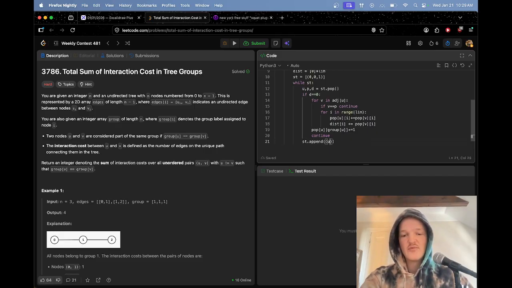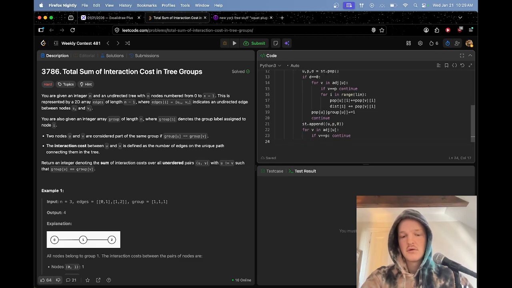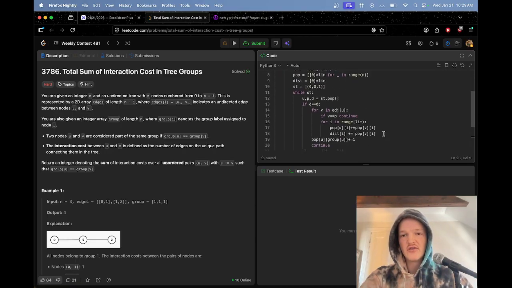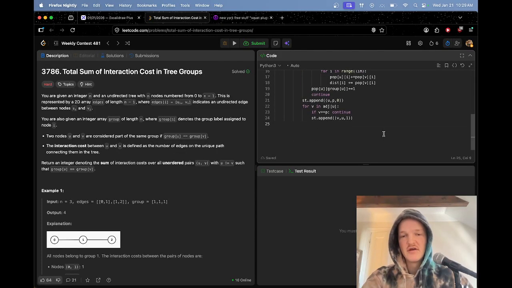Okay, we have to remember to go back up and then recurse to children. v, u, 1. Okay, and then I'm just going to do another DFS. I think that's fine. So stack.append, while stack. I'm going to have res.